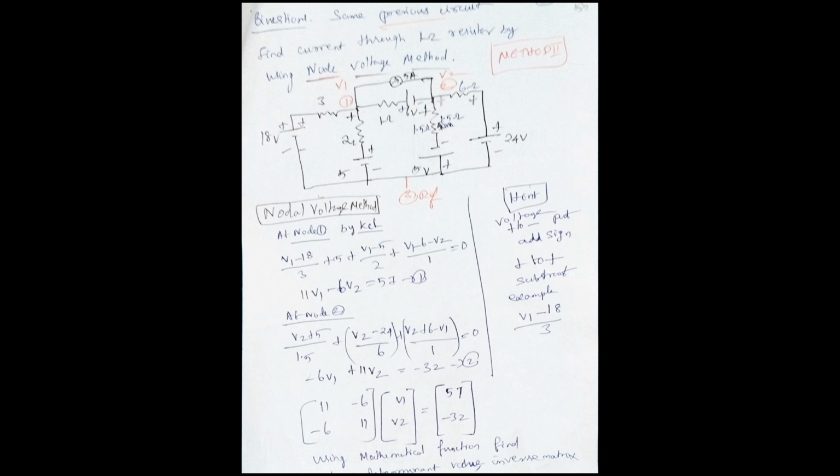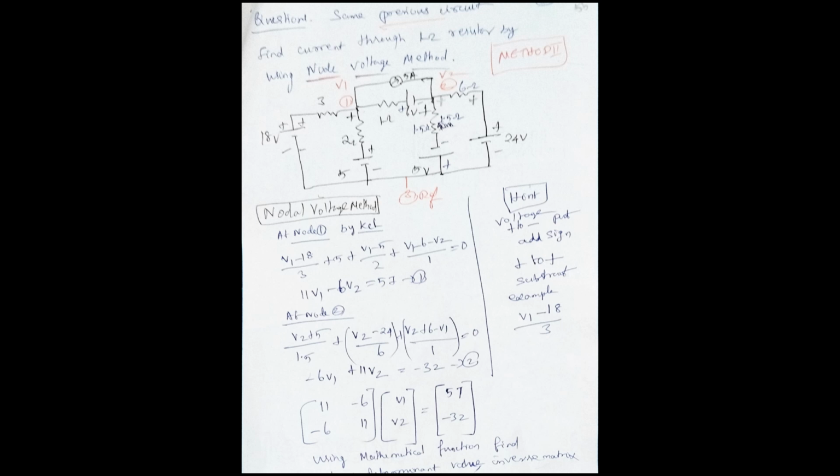From the first and second equations we obtain the matrix format of the nodal voltages V1 and V2. From this matrix we find the values of V1 and V2, and from these we find I 1 ohm. The I 1 ohm formula depends on the nodal voltages V1, V2, the 6 volt supply and the resistance 1.